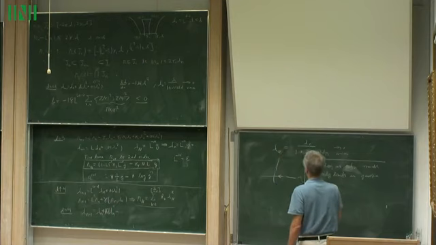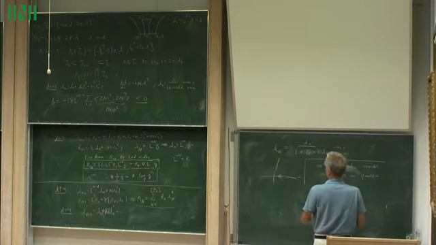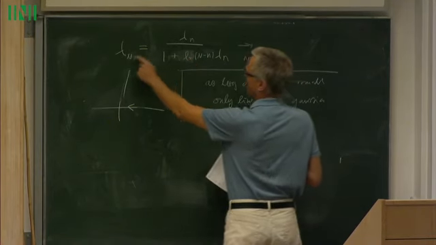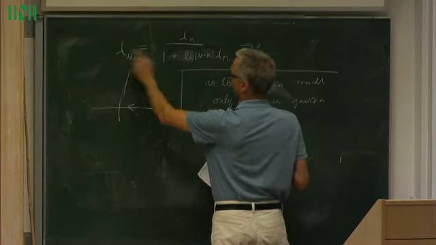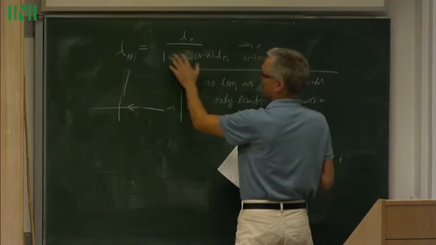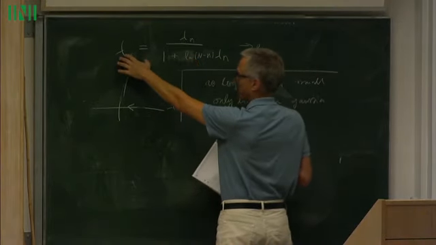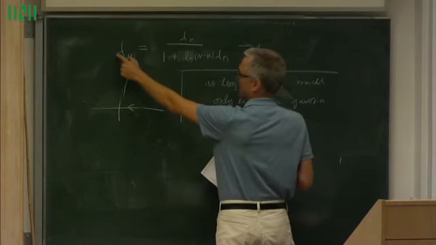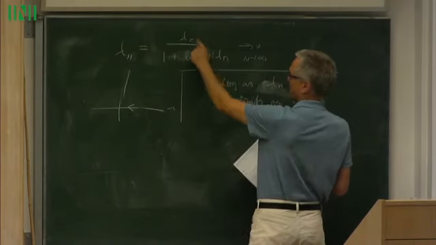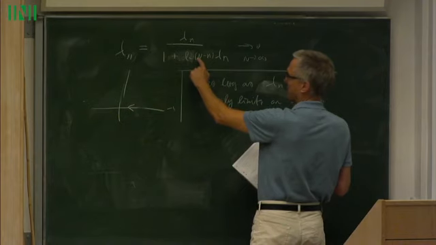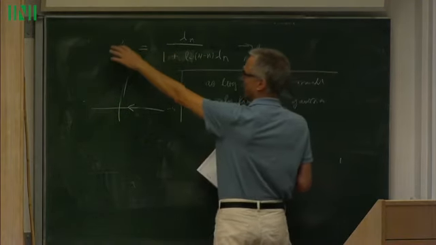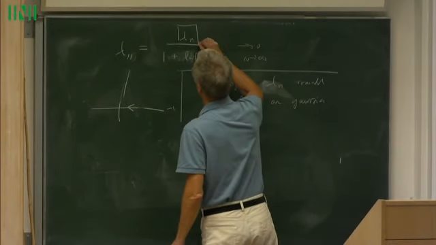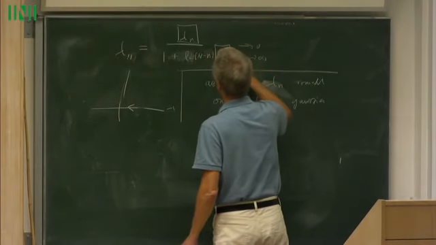If b is negative, the only way I can have this bounded is to have it go to 0. But if b is positive, I can take this to 0 proportional to 1 over n. So I can take the bare coupling constant to 0, and nevertheless have a finite effective coupling constant.